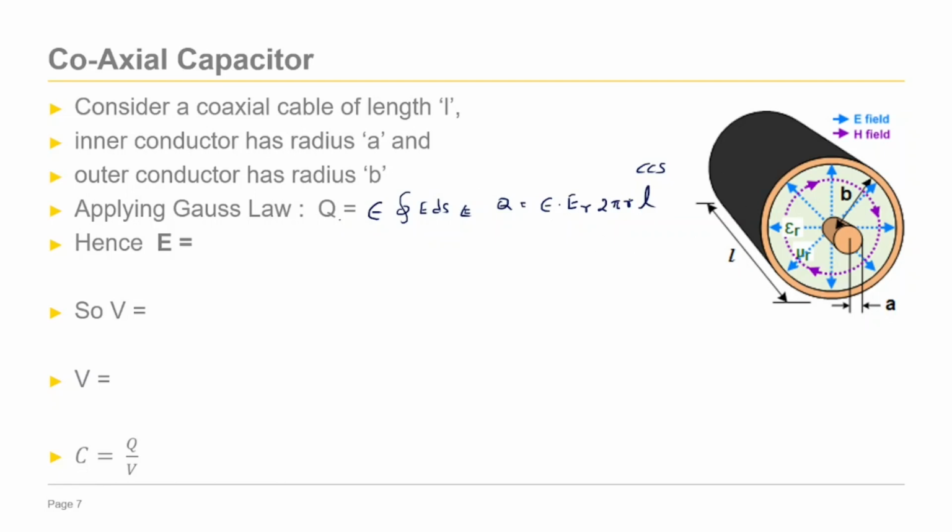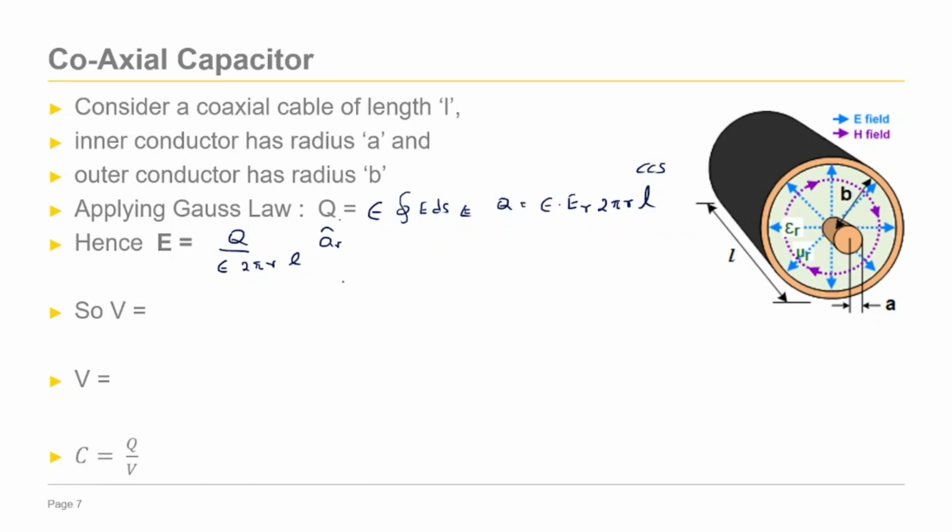So total charge enclosed is epsilon times ER 2 pi R L. And since you have your charge here, electric field ER is going to be charge divided by epsilon 2 pi R L in the AR direction.